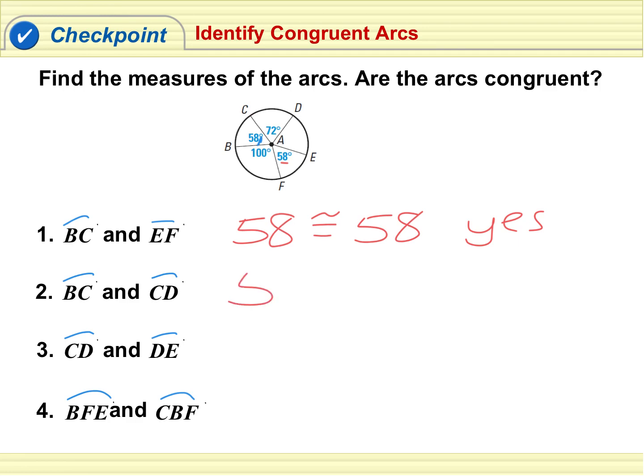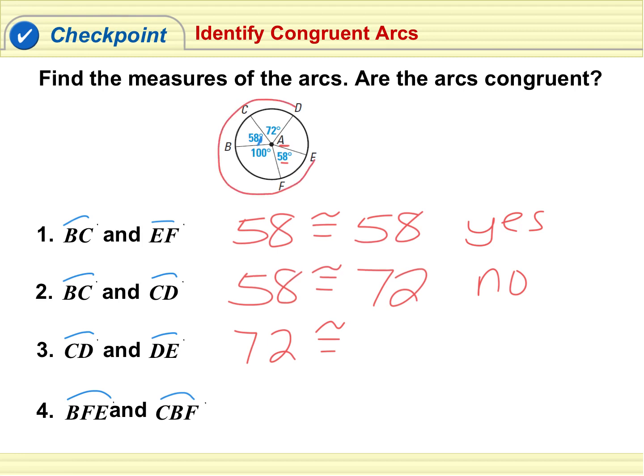Okay. BC, what's its angle? We already found it earlier, 58. Now we want to find CD, 72. Is that congruent? No. Okay. CD is 72 like we found before. What about DE? You gotta figure out the math. Right, we have to figure it out. It doesn't give it to us, but we have all of these other ones. They add up to 288.